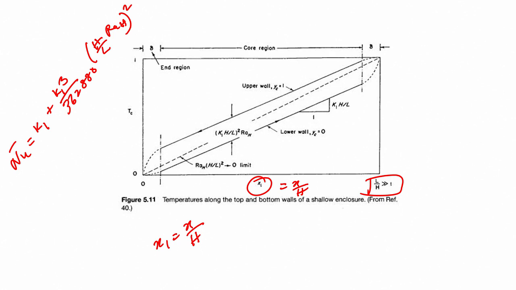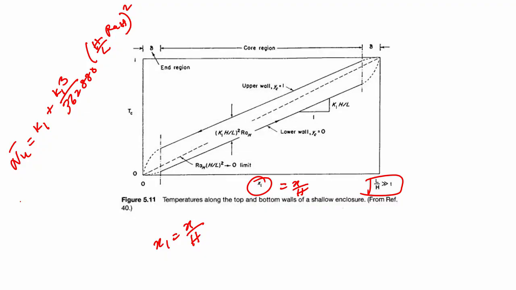Now, as this value, H by L squared into Ra_H, increases, the thermal stratification of the core must be taken into consideration. That means the two temperature profiles that you see will have a divergence. There will be a little bit of a gap between the two. They won't overlap with each other.